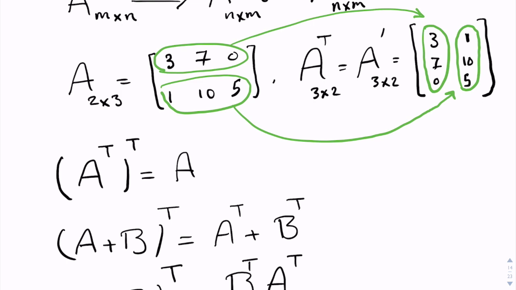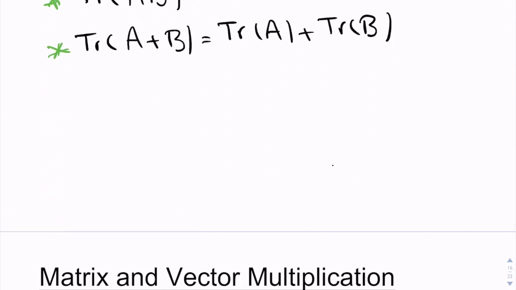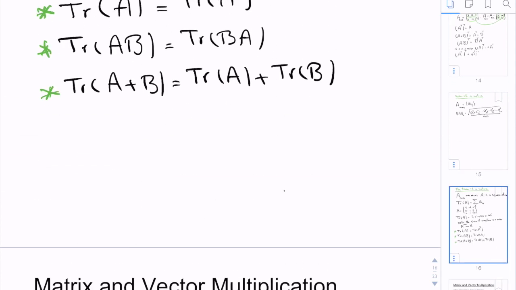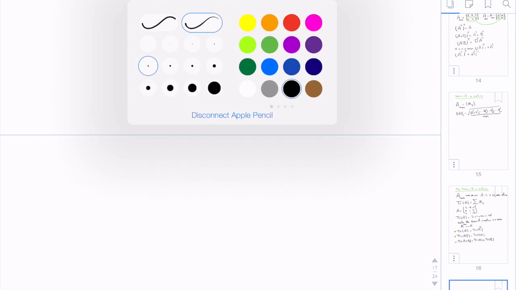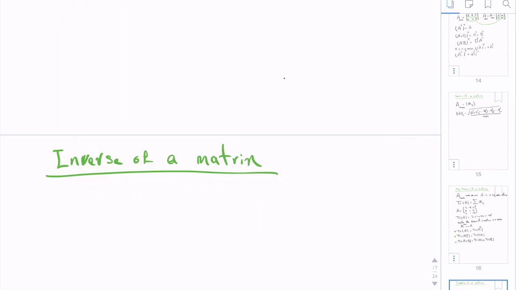The next is the inverse of a matrix. So what is the inverse of a matrix? The next topic is the inverse. We'll add a page here for the inverse of a matrix. We note that the inverse is defined for square matrices.